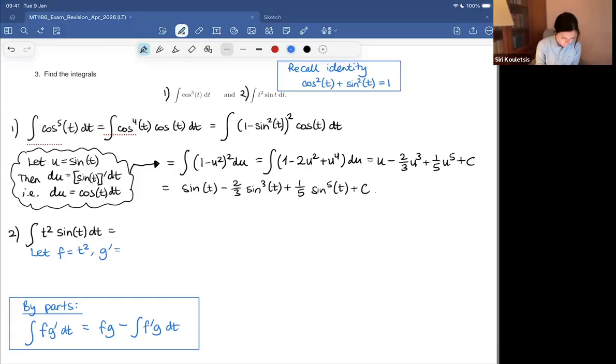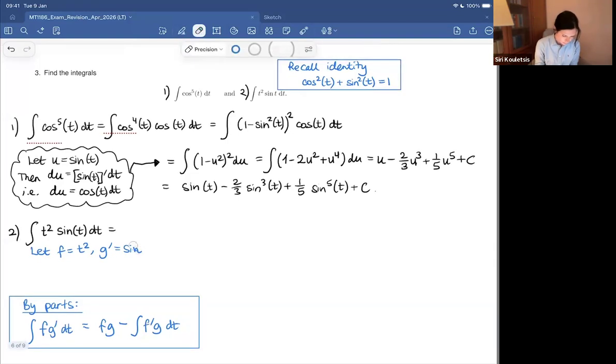Whereas G prime is going to be sine t. When it comes to cosine and sine, differentiated or integrated, they just alternate between each other with a sign difference. So nothing much is happening to those in that regard. They stay trigonometric.